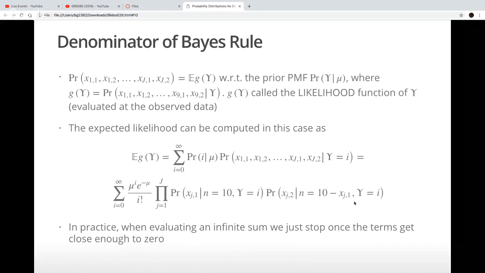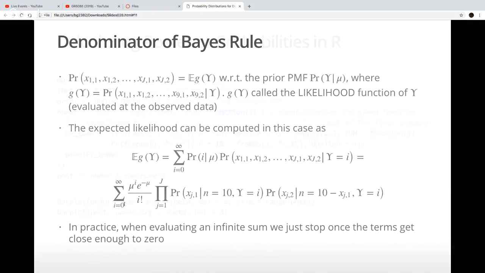So that's our function that we want to get the expectation of. We're weighting it with our Poisson prior PMF, and we're summing it over all possible values of upsilon, which are the integers from 0 to infinity. But eventually, we start adding basically 0 onto the sum, and then at that point, we can just stop.